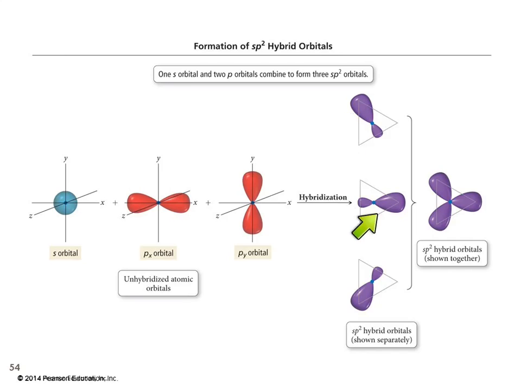But 3 will arrange themselves in a trigonal planar geometry. And when we draw them all together, we tend to not draw that little lobe because it gets too complicated. It's there. We just don't draw it. It's little, it's not as important.